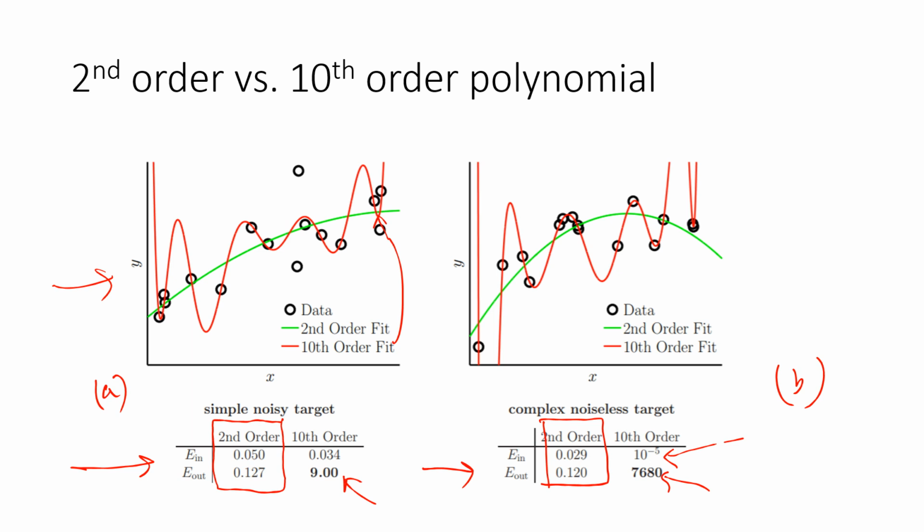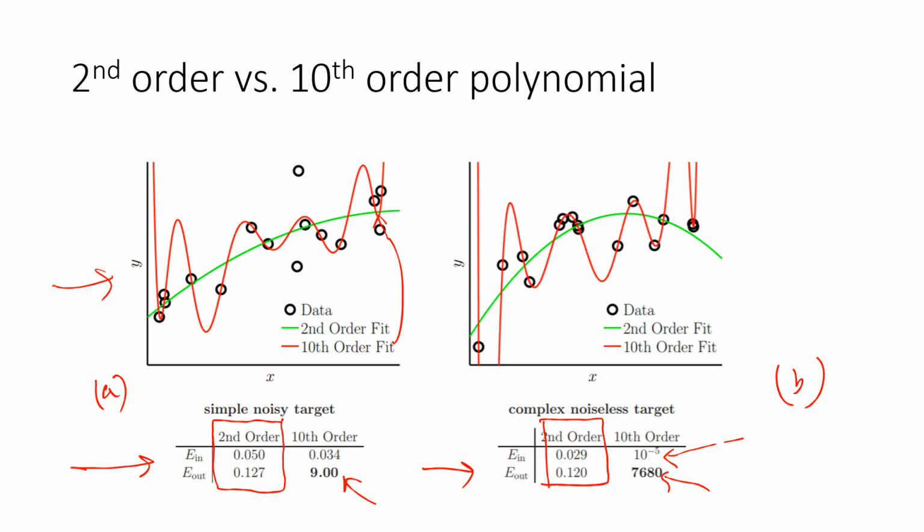We have noise in the data, and that noise makes the more complex model go really haphazard. In both cases, the 10th order polynomial heavily overfits the data, resulting in a nonsensical final hypothesis, which does not resemble the target function.